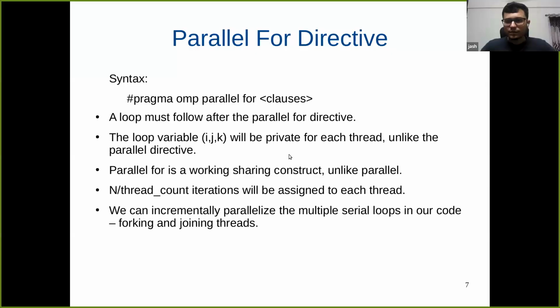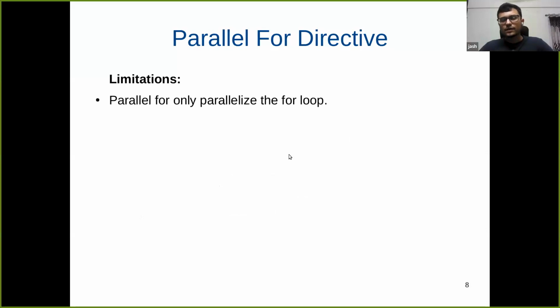Let me quickly. Yeah, so now let us move ahead. There are limitations to this parallel for directive, and the first limitation is that it should be followed by the for loop. That thing we already saw.